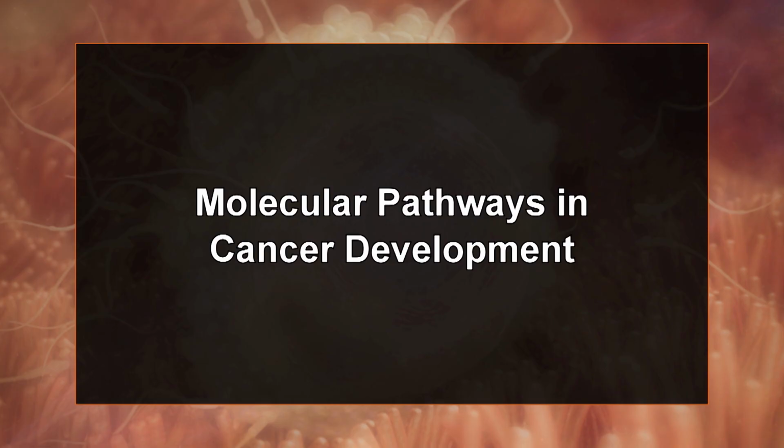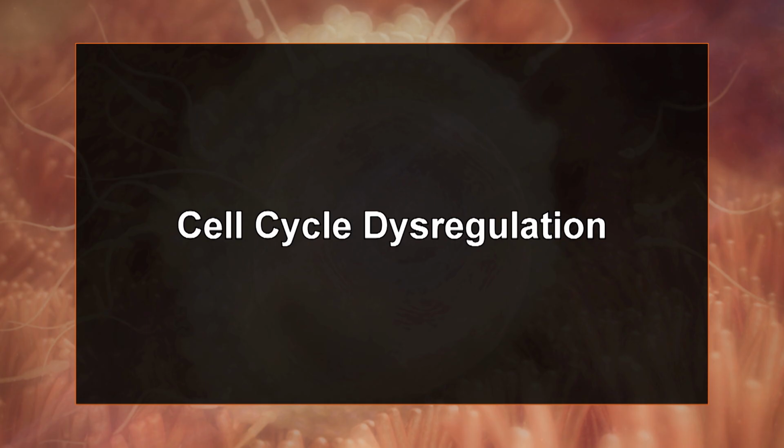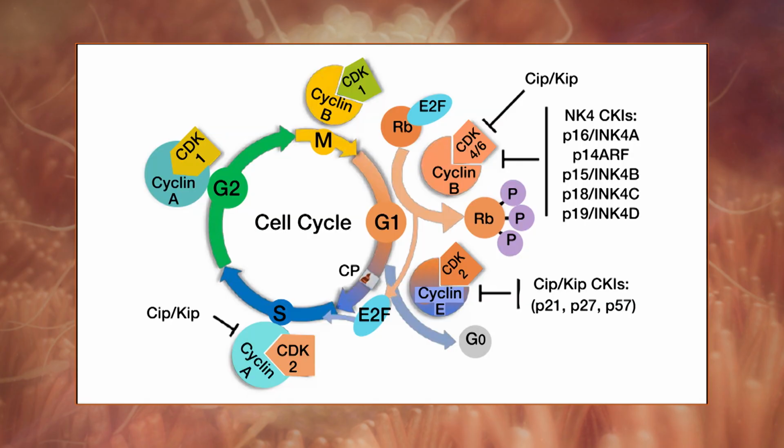Dear students, let's talk about molecular pathways in cancer development. We see cell cycle dysregulation. The cell cycle is controlled by cyclin-dependent kinase, CDK, complexes, and checkpoint proteins. In cancer, cyclin D, CDK4/6 hyperactivation or RB1 loss leads to unchecked G1/S transition.